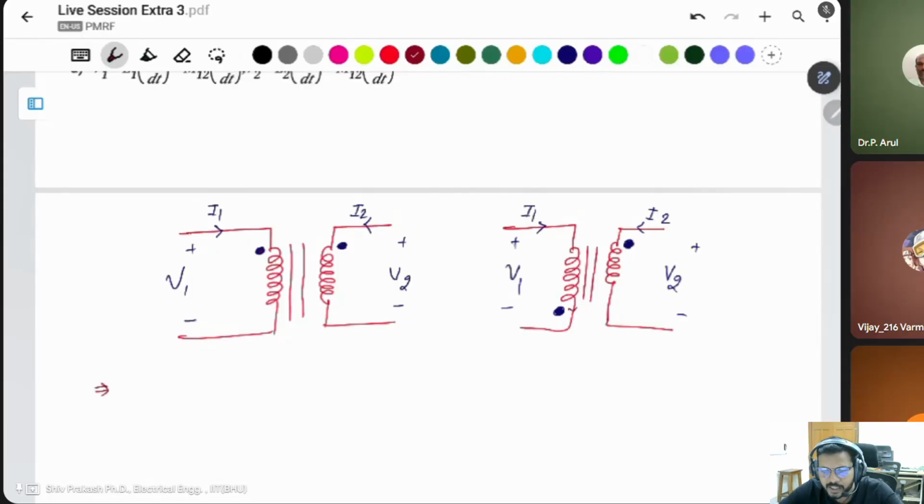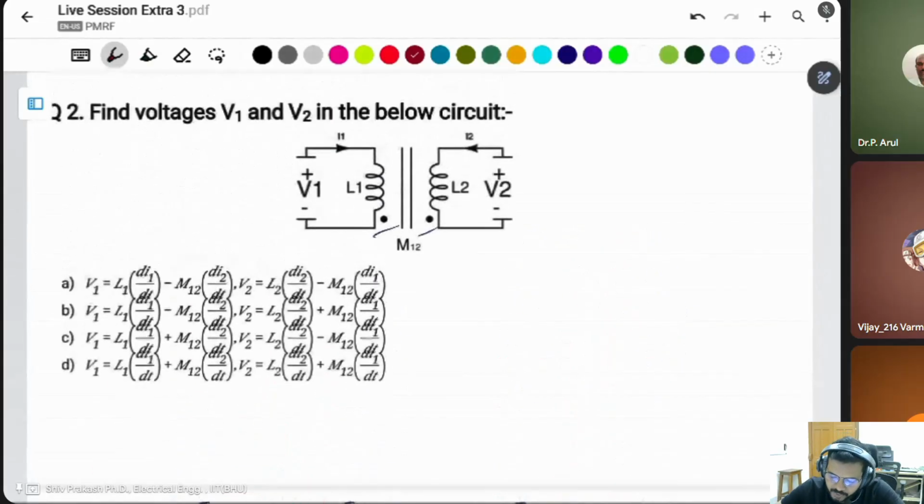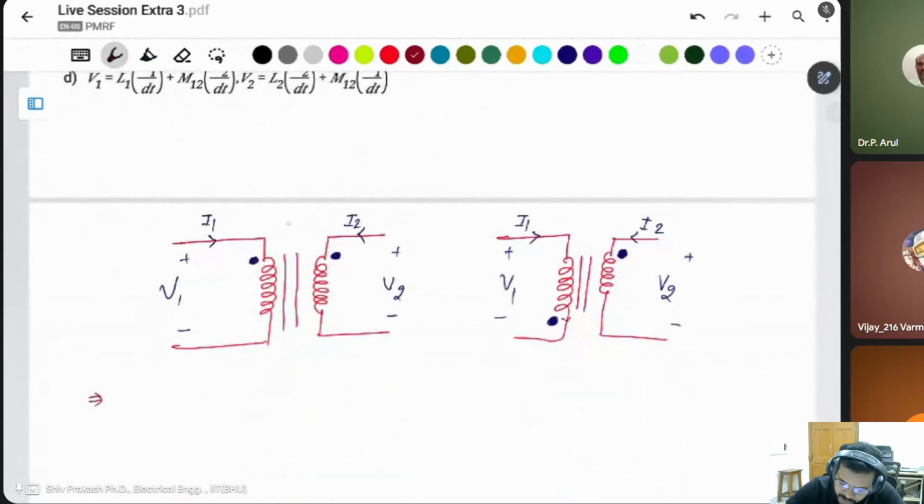In this case both windings are in opposition. That means there is a subtraction of the mutual inductance. Between the two there is a mutual inductance known as M12, in both cases.